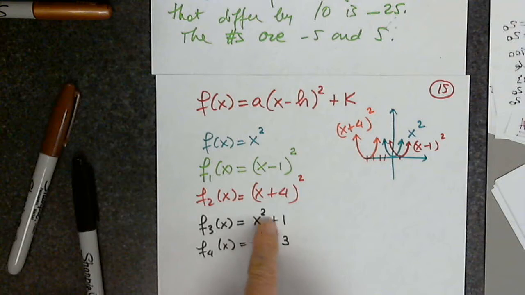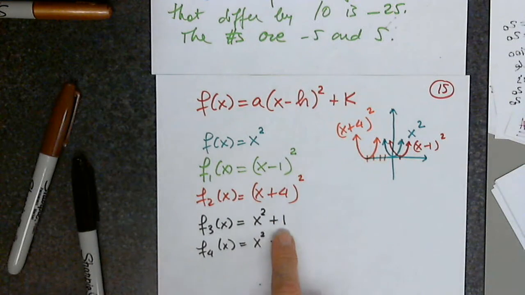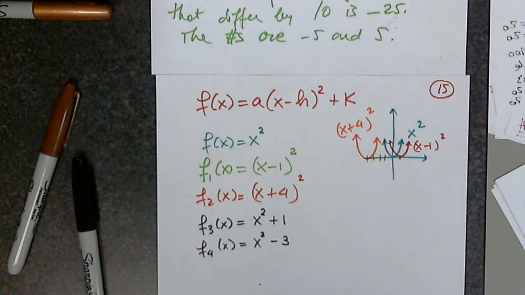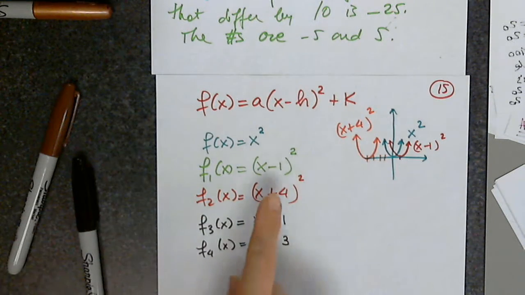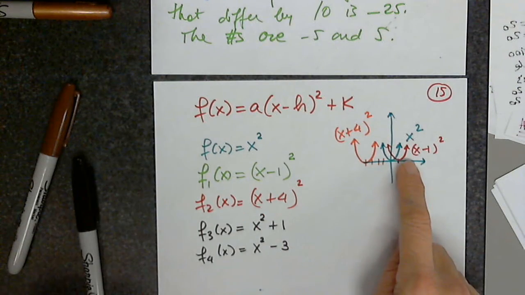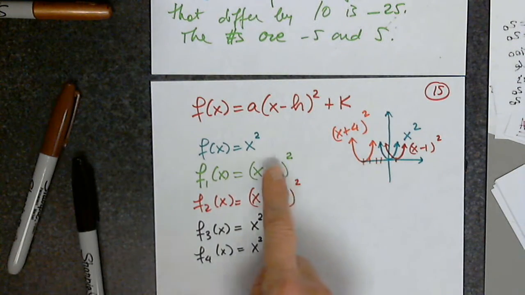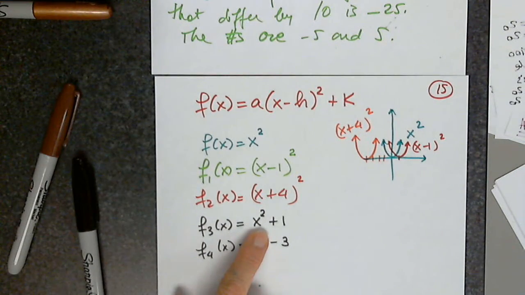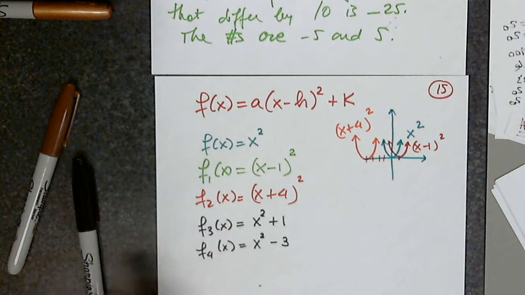But now this graph is moved where? 1 unit. Plus 1. So not to be confused with this. This one moves the graph to the right. This one moves it, because I still have to be on the x-axis, up 1, and this one moves it down 3.